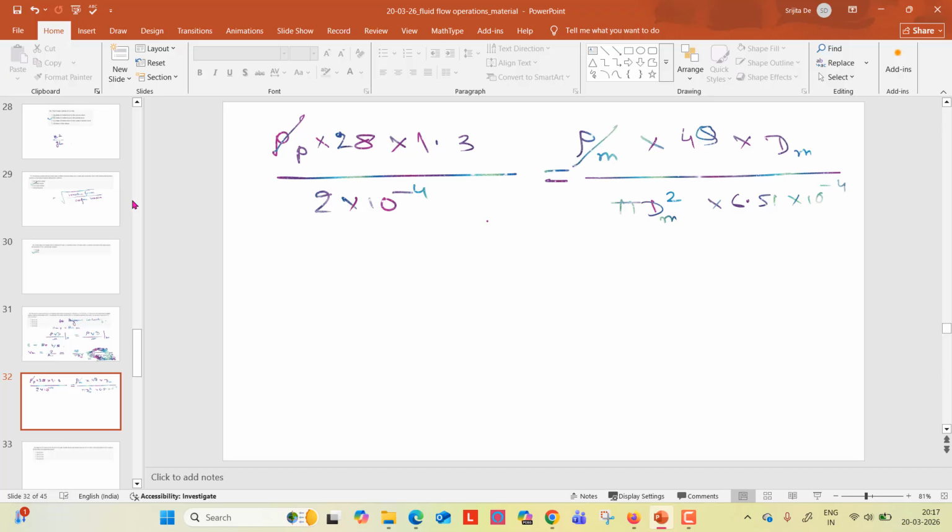So now we have to calculate. So dm is nothing but, 10 to the power minus 4 and 10 to the power minus 4 will cancel out.